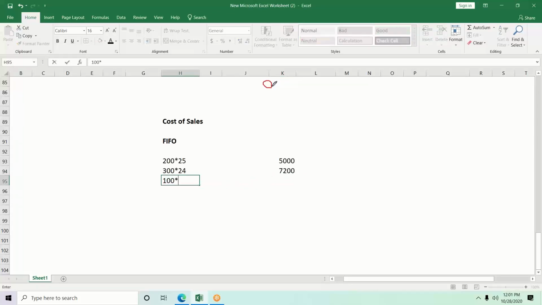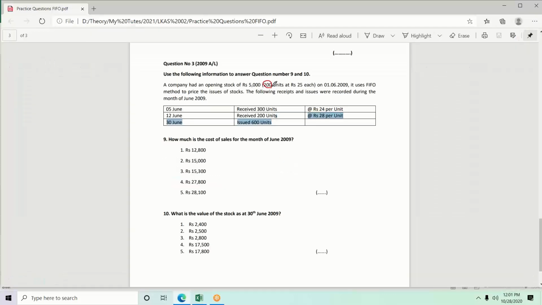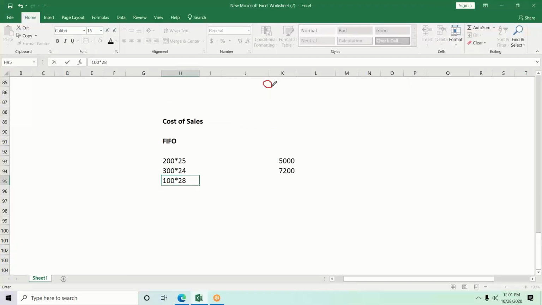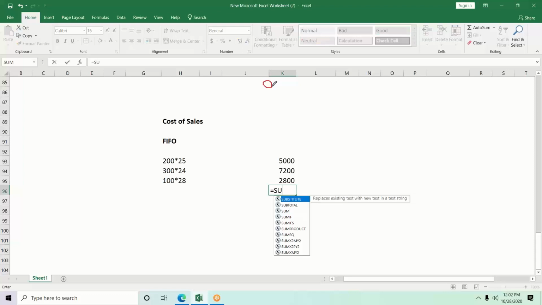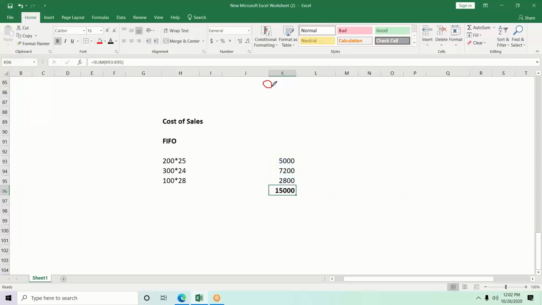And another 100 more units you need to issue. That you will issue from the next purchase, which you made at 28. 100 into 28, you get 2,800. And the value of the cost of sales is rupees 15,000.